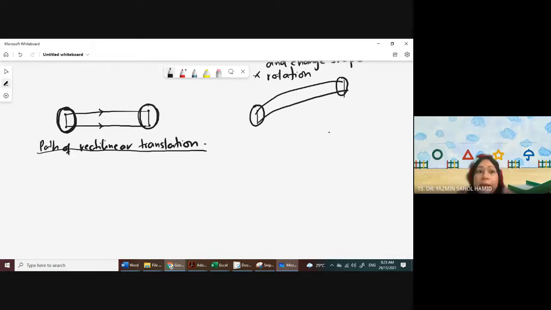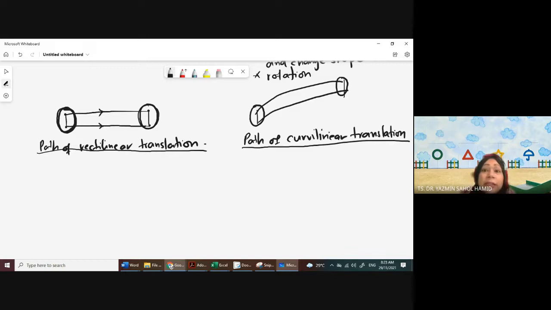Curvilinear. Yes. This is what you call curvilinear translation. So first you have rectilinear translation, and next you have curvilinear translation.